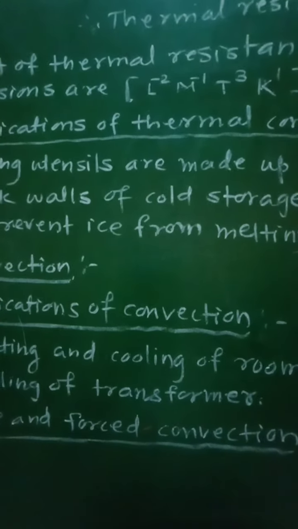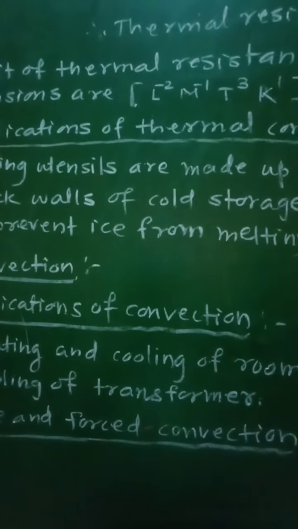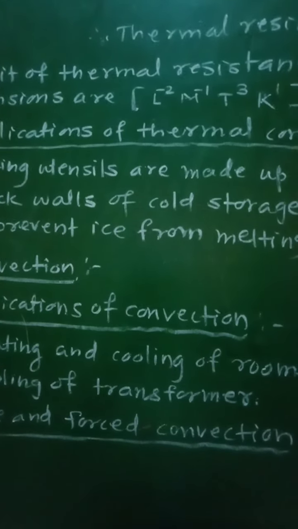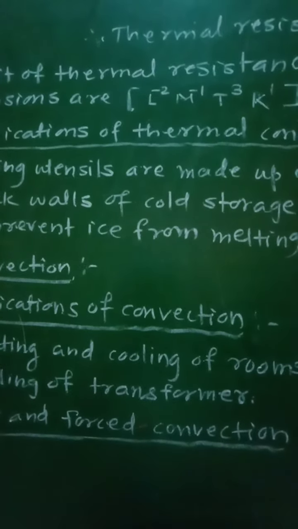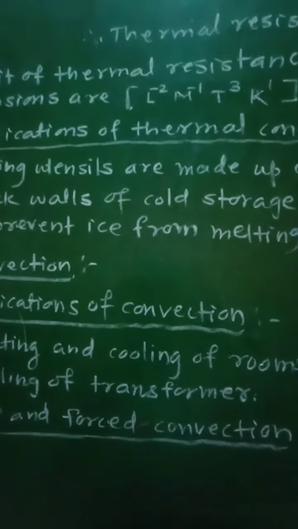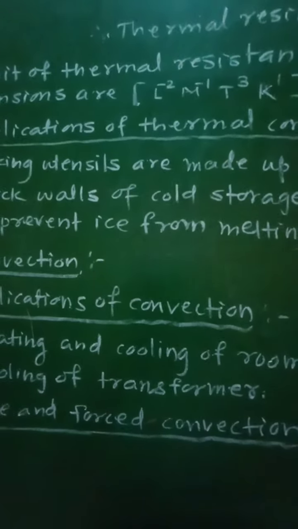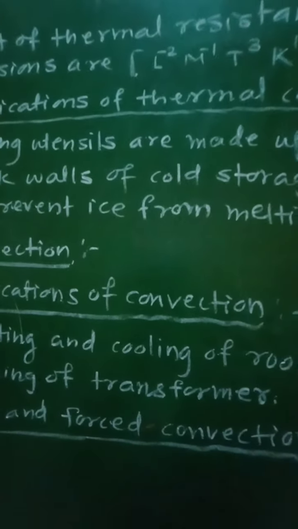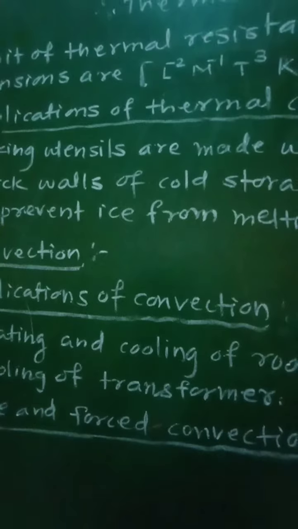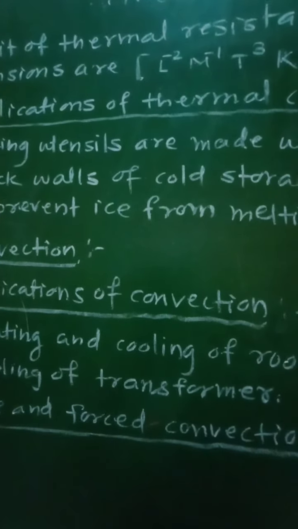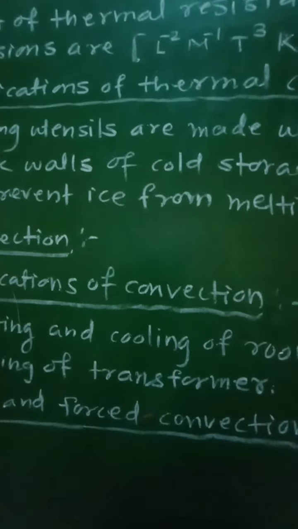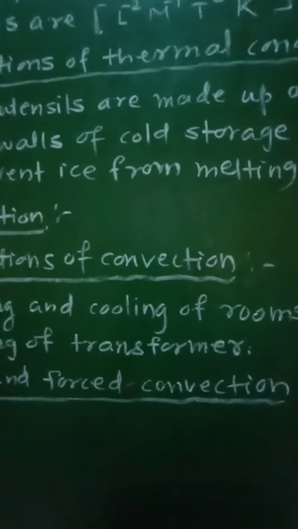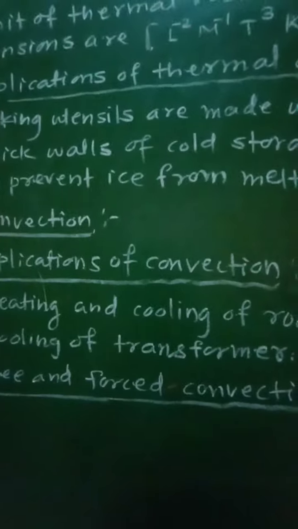Now the bricks which are used for the construction are bad conductors of heat, so they reduce the flow of heat. So the flow of heat will be reduced by the bricks used for the construction of these walls of the storage room. So no heat, or a very small amount of heat, will enter from the surroundings into the rooms.